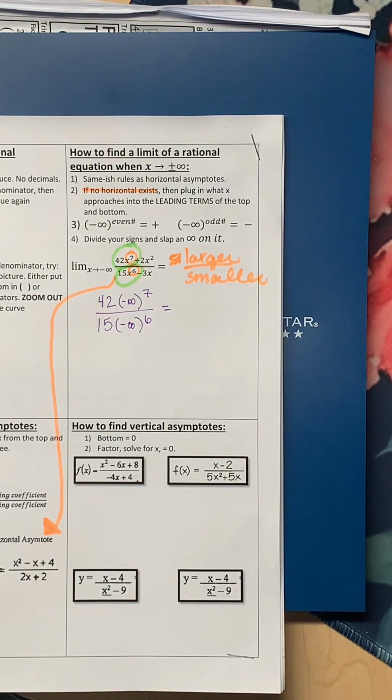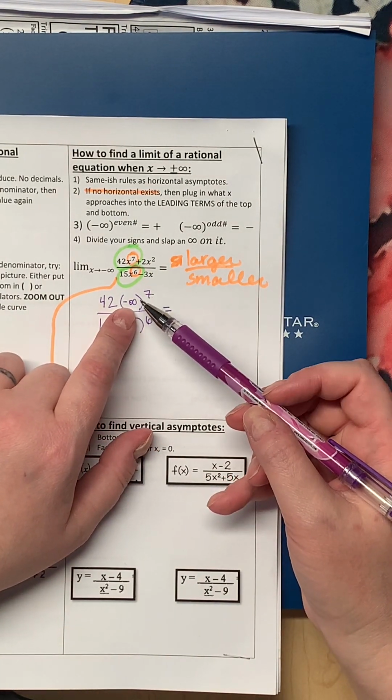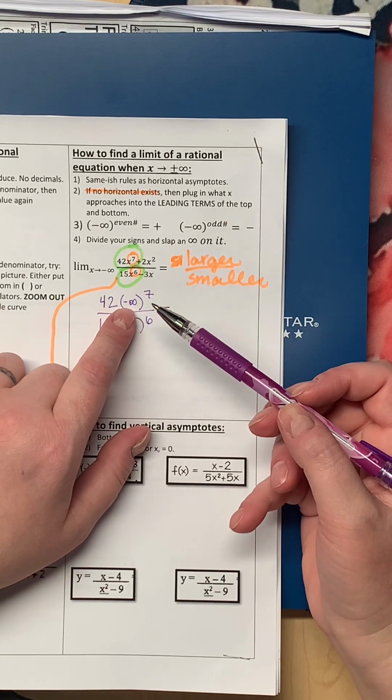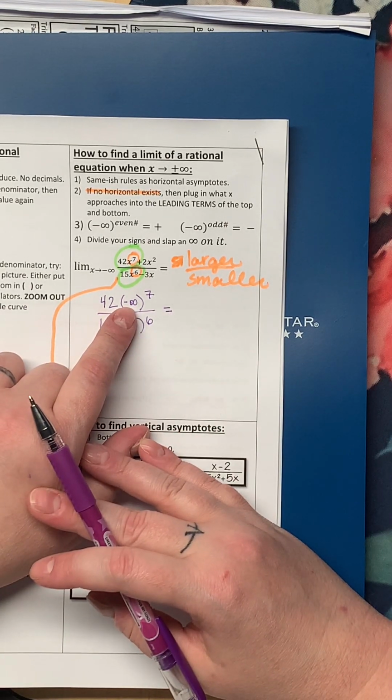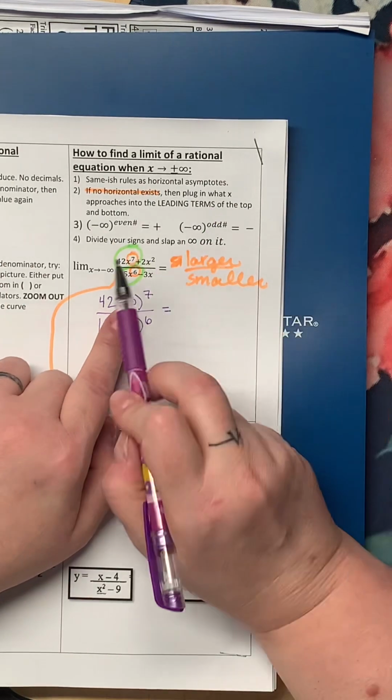And you might be thinking, how do I do that? Well, we don't really. We just think about the signs, because if you raise infinity to itself, infinity times infinity, it's still infinity. But we have to think about the signs. So that's where step 3 comes in.